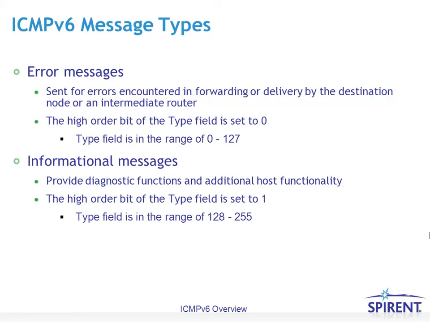Informational messages have the high order bit of the type field set to 1, and so the range is 128 to 255. Error messages are sent for errors encountered in the forwarding or delivery path by the destination node or an intermediate router. Informational messages provide diagnostic functions and additional host functionality, as mentioned on the previous slide.